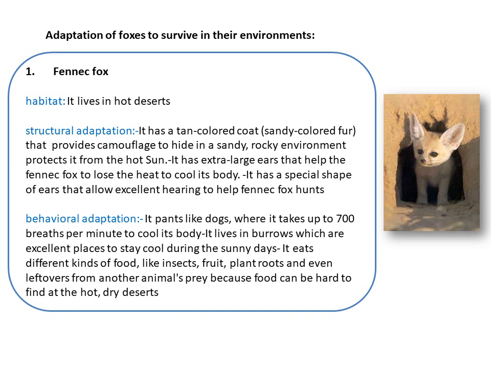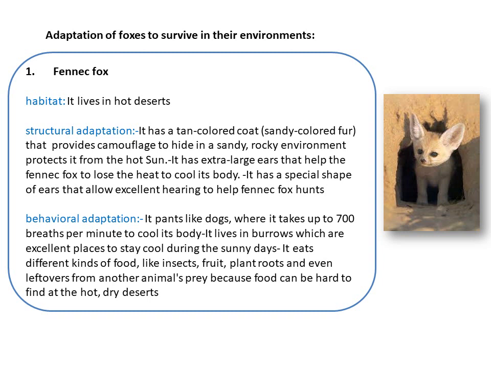Also, they live in burrows. So they make burrows. So this is an act. It's a behavior. Also, panting is a behavior. Burrows are excellent places to stay cool during the sunny days. So they dig burrows to stay cool away from the sun.